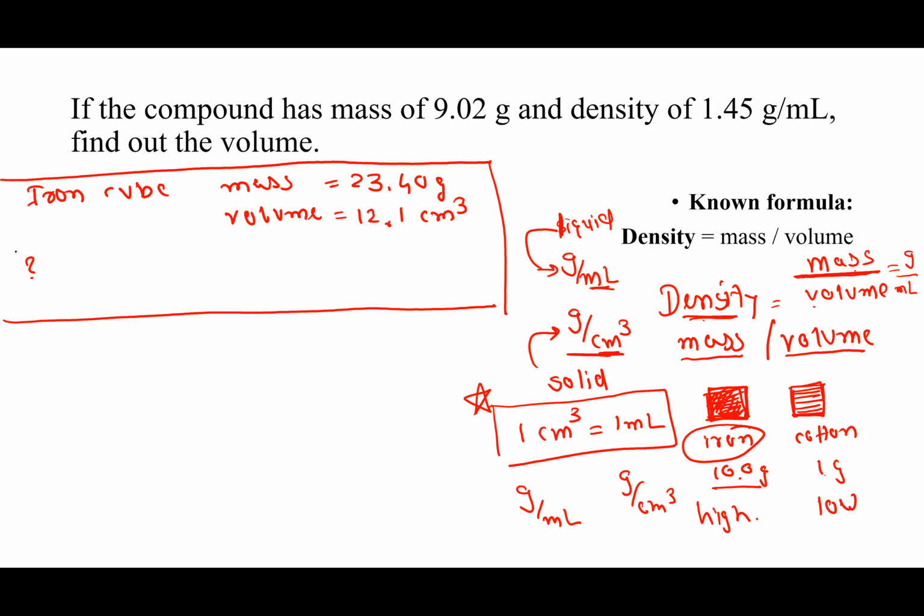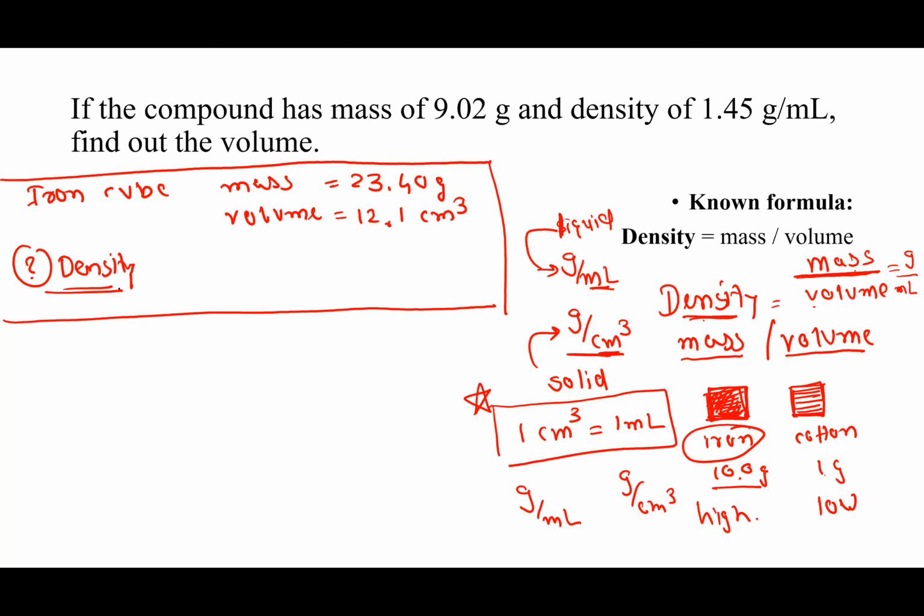Can you find out the density of the iron cube? I gave you the number for mass, I gave you the number for volume. Can you find out the density? Yes, Professor.